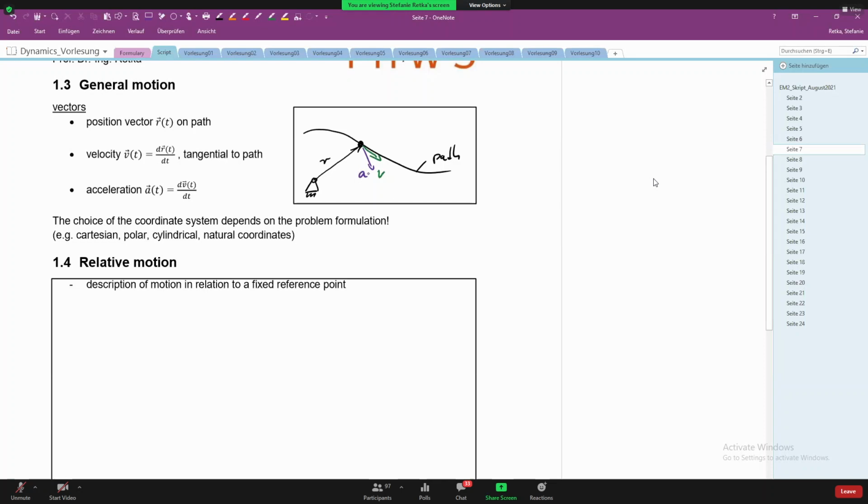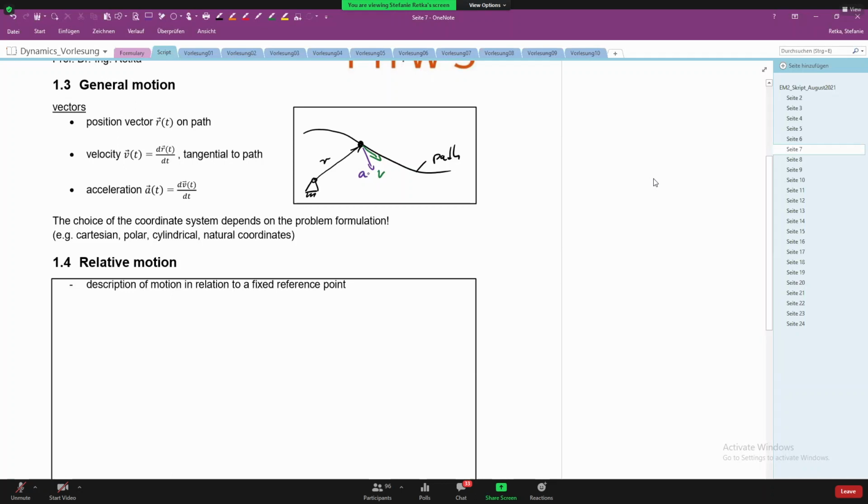So without any numbers, any specific values. Again, for the general motion, we need the position, radius, vector r, sorry, the velocity v, and the acceleration a. And depending on our specific situation, we might have to choose a different coordinate system.